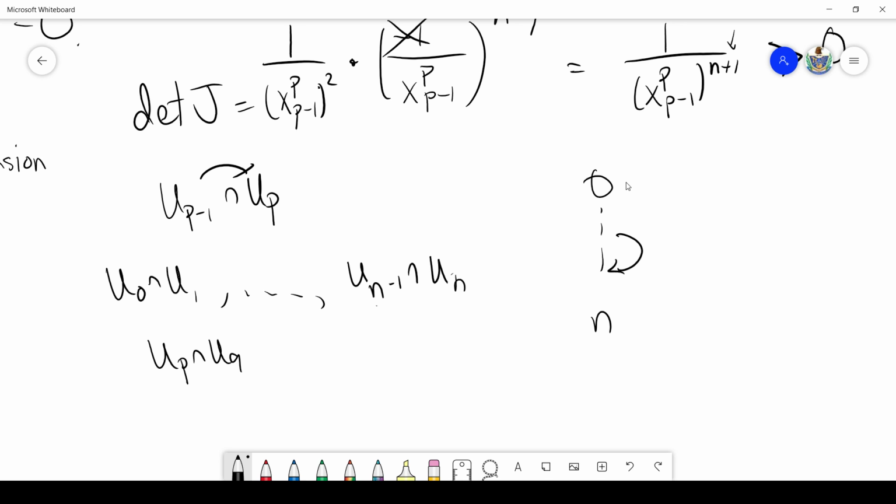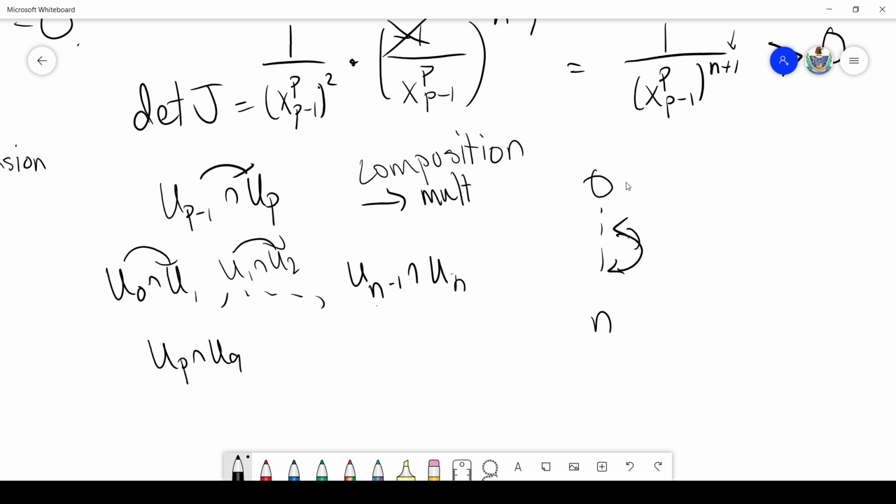If we want to get from one number to the other, we can just go in steps. If we were at 0 and we wanted to go to 2, we could go from 0 to 1 and then 1 to 2. Every time we travel, we're taking a composition, and composition implies multiplication of determinants.